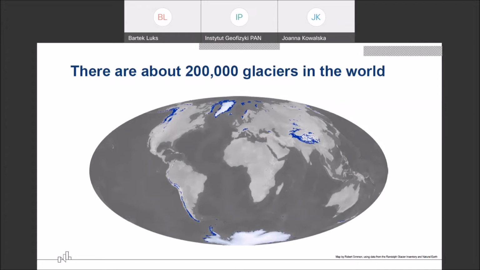There are glaciers both in South America and North America. There's a lot of glaciers, about two large ice caps, the Greenland ice cap and Antarctic ice cap. But also in Asia, we get a lot of glaciers.